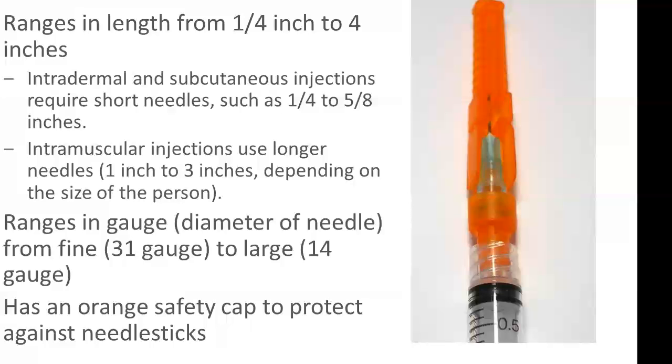When you're giving intradermal, which is the way, for instance, the Mantoux injection for assessing whether someone has been exposed to TB is given, those needles, as well as sub-Q, because you're only going as far as the subcutaneous tissue, will require a short needle, such as a 1/4 or a 5/8 inch. Intramuscular injections use longer needles, which makes sense because you're going deeper into the tissues to the muscle itself, anywhere from 1 inch to 3 inches, depending on the size of the person.